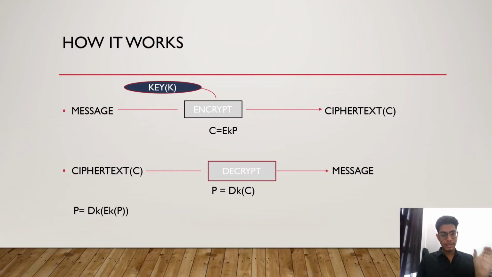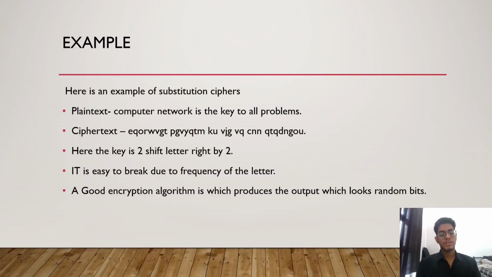So from that same key we will be decrypting that message, and that message will be securely reached to the receiver. Now here P is equal to D_K(C), the decryption with key K, of the encryption E_K(P). Okay.